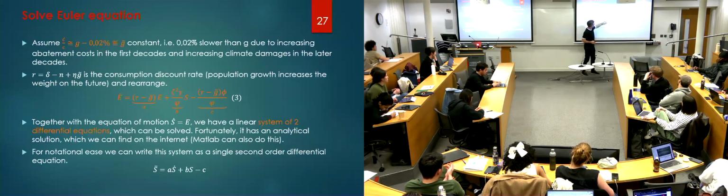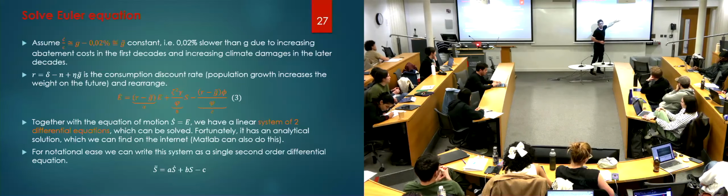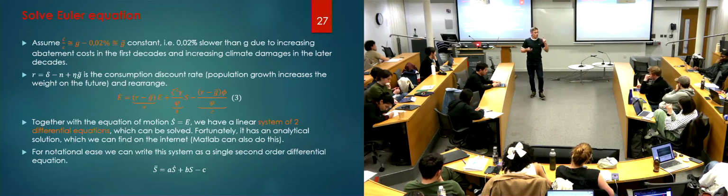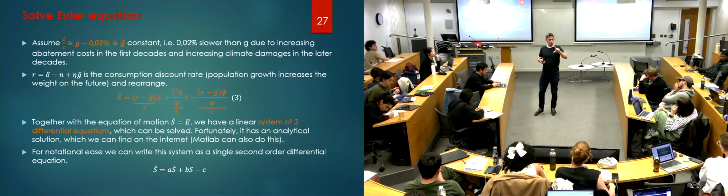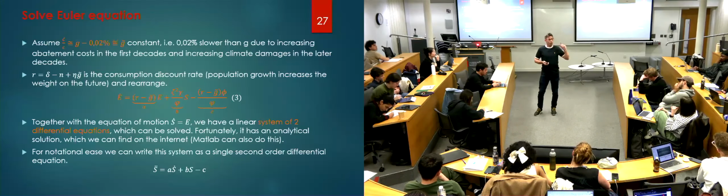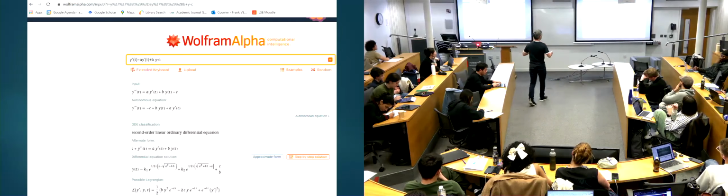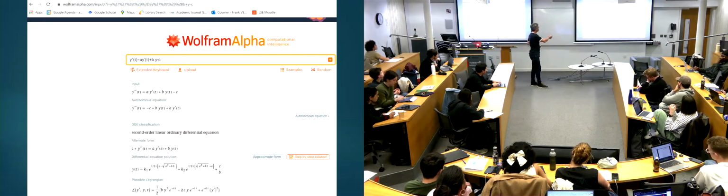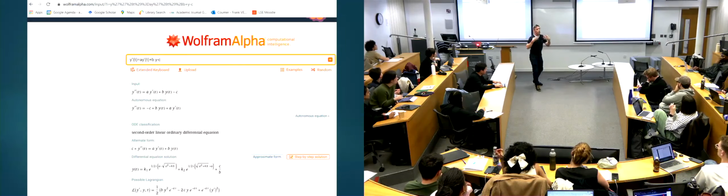It's linear, so it's a constant times E, a constant times S, minus a constant. And for linear differential equations, we have closed form solutions. Now, you can study a big book on closed form solutions, or you can ask ChatGPT, or here, from the time ChatGPT didn't exist, Wolfram Alpha gives you solutions.